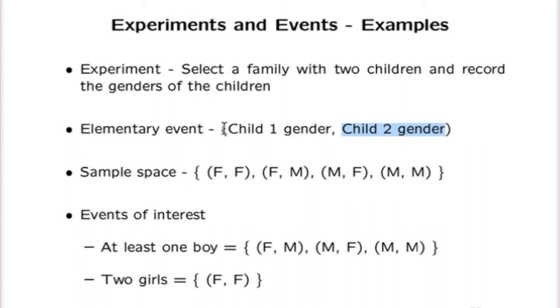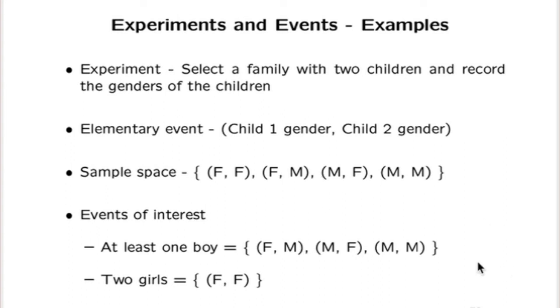So notice here that when we're talking about ordered pairs, we're not necessarily talking about ordered pairs of numbers. We can have ordered pairs of symbols, as we've got here. And even when we looked at the example of tossing 2 distinguishable coins, we were using ordered pairs of symbols in that example as well. So again, there are 4 possible outcomes listed here.